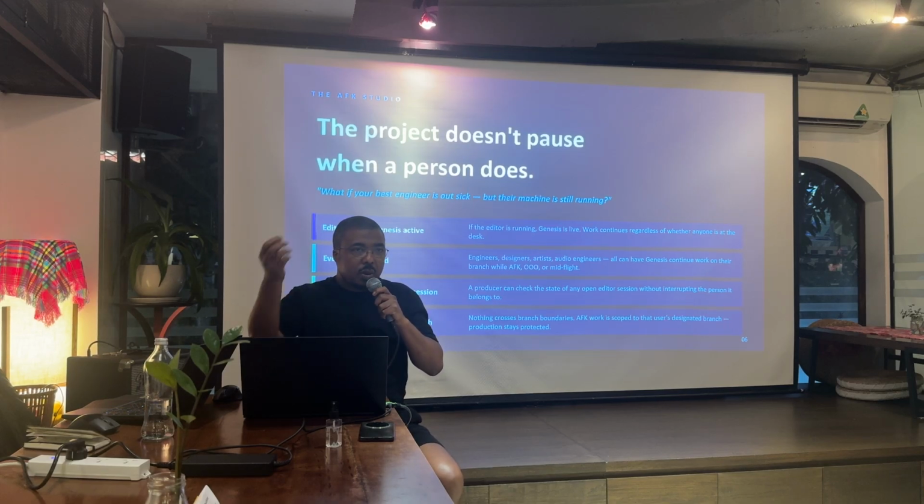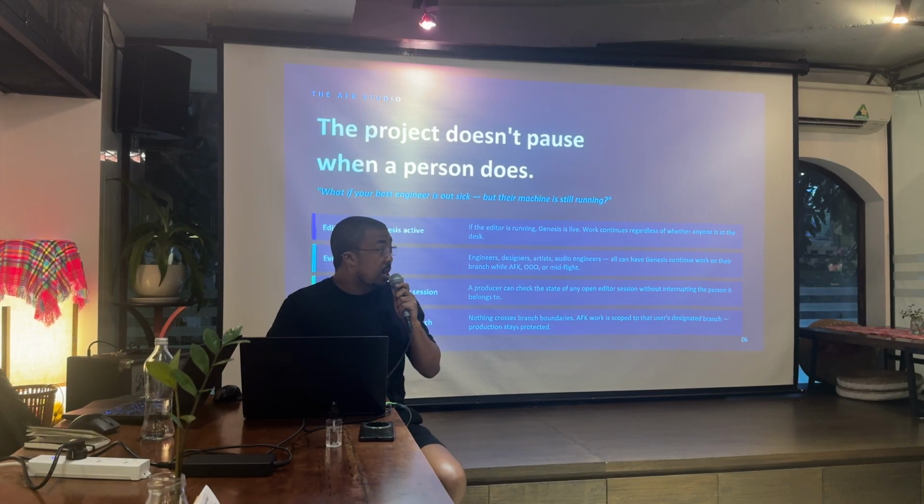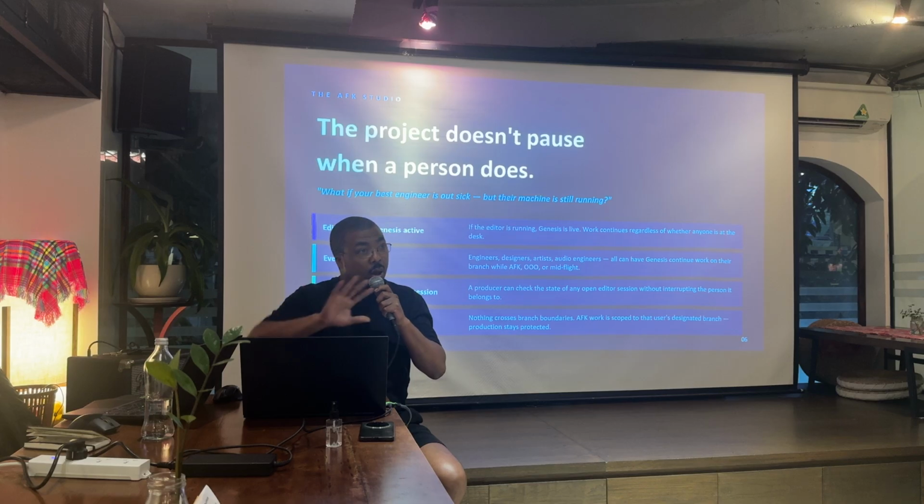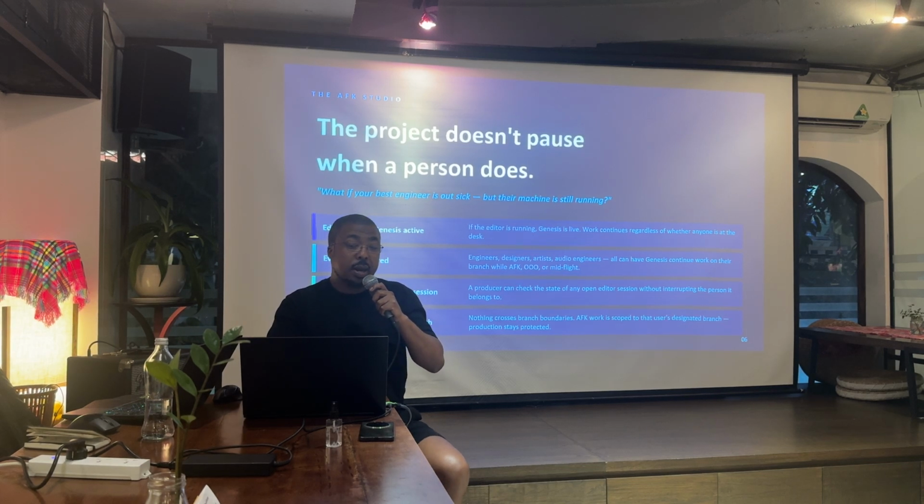So, like we talked about, remote work is possible, right? So if your editor is open, Genesis is active, you can connect from anywhere in the world and ask it about your project. Every role is covered, right? One of the features that I'll bring forward later that we actually have in our immediate pipeline is going to make this all make a lot more sense to you in a minute. But for an example here, a producer can query a session. A producer can check the state of an open editor session without interrupting the person it belongs to.